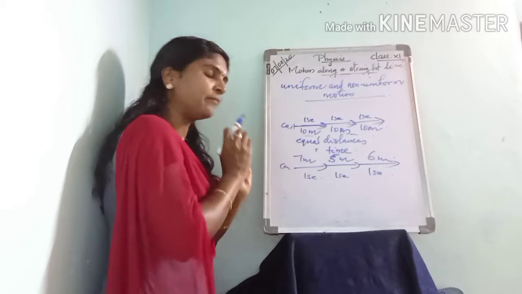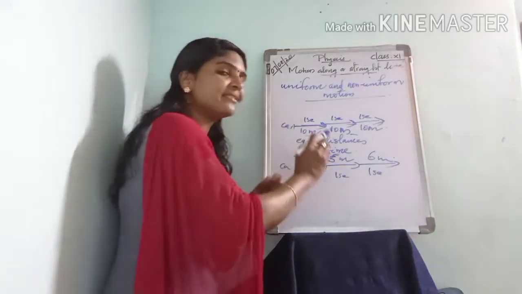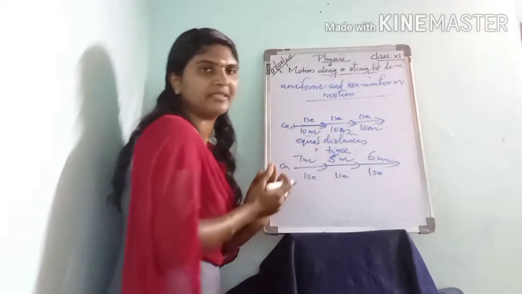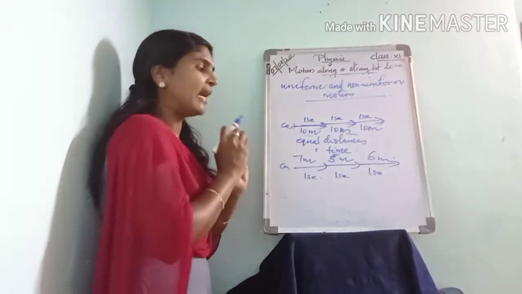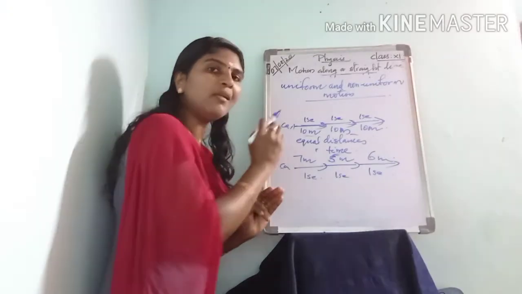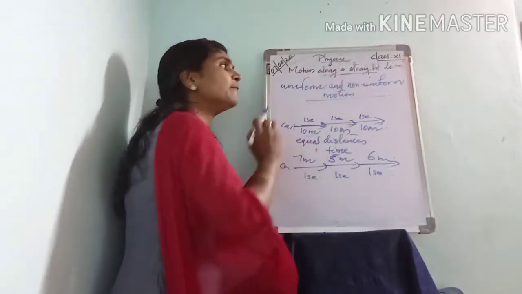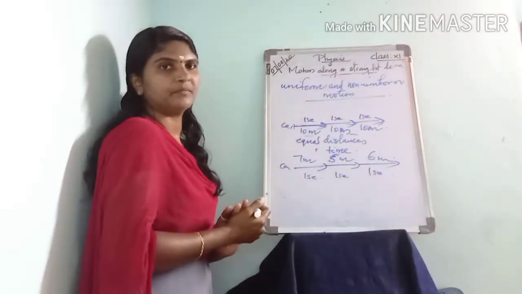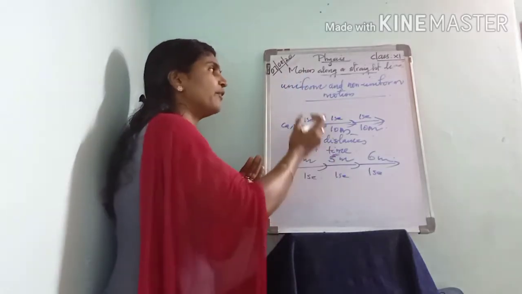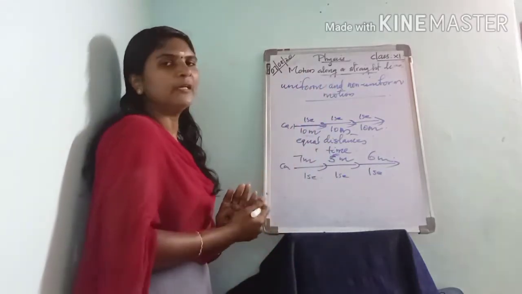That means if an object covers unequal distances in equal intervals of time, then the motion is said to be non-uniform. That is the difference between uniform and non-uniform motion.